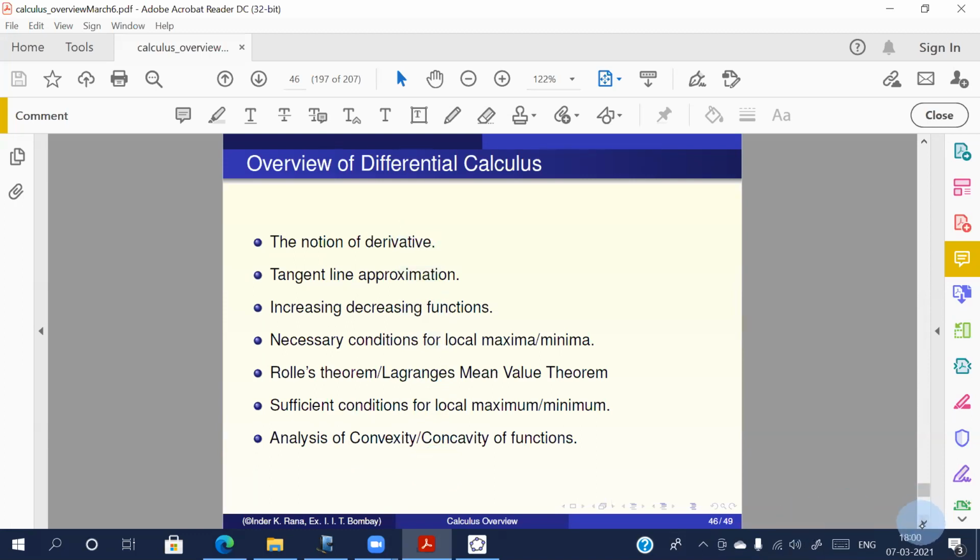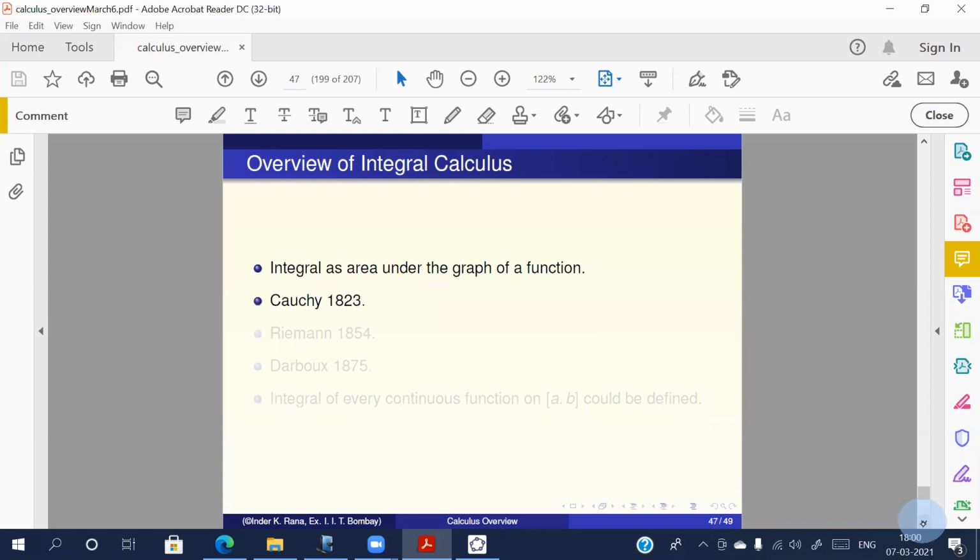So let me go a bit further and spend some time on integral calculus. The notion of integral calculus comes because one was trying to formalize the idea of area below the graph of a function. Leibniz and Newton gave very intuitive ideas, but they were not rigorous.